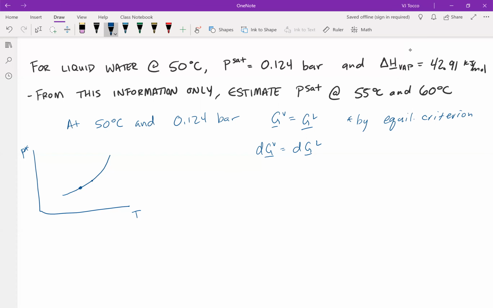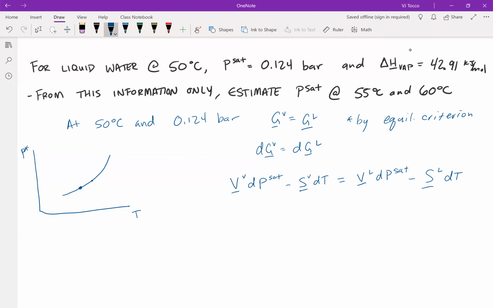So we can say that the molar volume of the vapor, V vapor dP sat, minus S of the vapor dT, must be equal to the volume of the liquid dP sat minus S of the liquid dT.